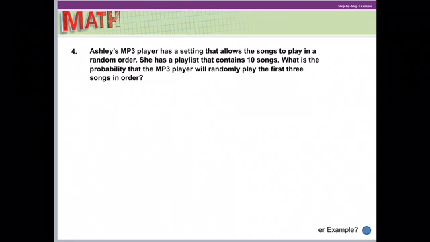So we know that our total is 10, and we only want the first 3. So I would like you to pause the podcast, find the permutations, and then find the probability that the MP3 player will randomly play the first 3 songs in order.